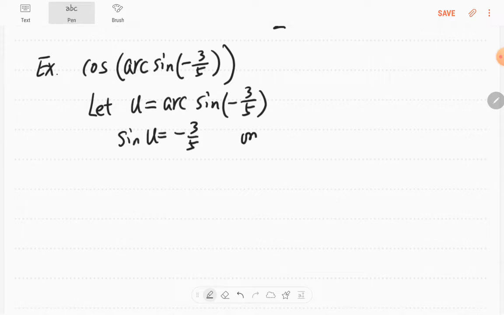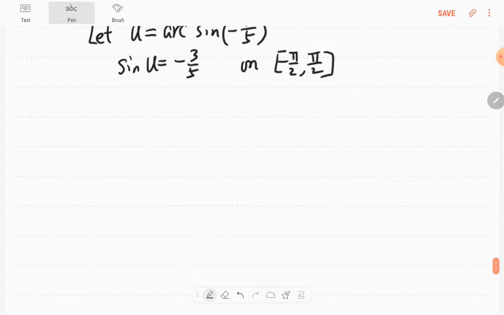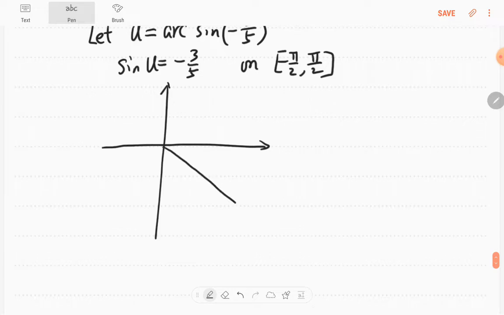This is on the interval from -pi/2 to pi/2, so the terminal side must be in the fourth quadrant. So this is the u.